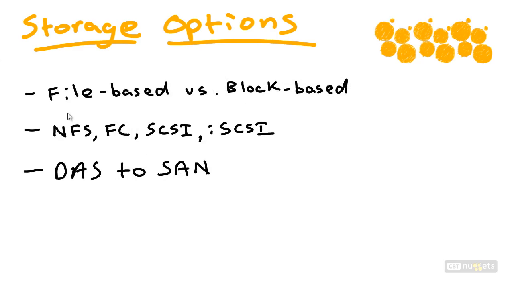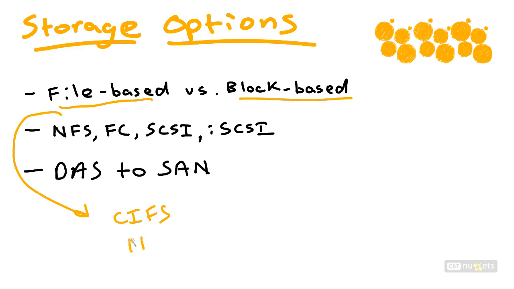So in this nugget, we analyzed file-based solutions and we separated them from block-based solutions. By the way, do you recall what the file-based solutions are that we looked at? There was CIFS and NFS. And these really were a kind of stepping stone in the storage infrastructure, right? We originally had the direct attached storage.